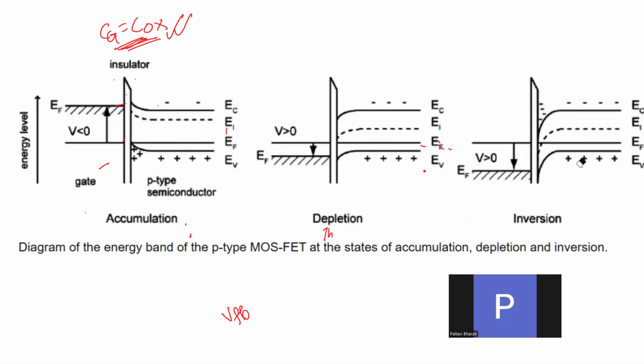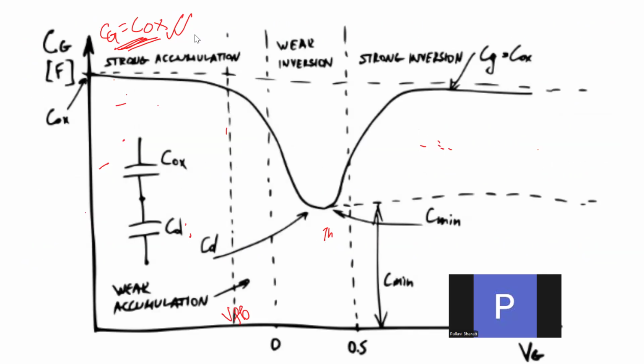At strong inversion, the full capacitance of the MOS becomes equal to the gate capacitance. You can see in this structure that again this level is matching this. At the start, the capacitance was equal to the oxide capacitance.